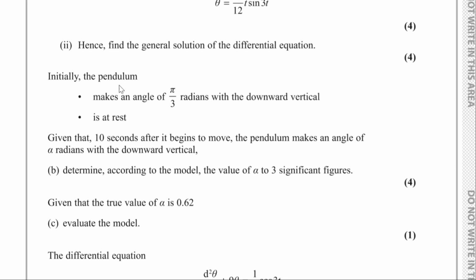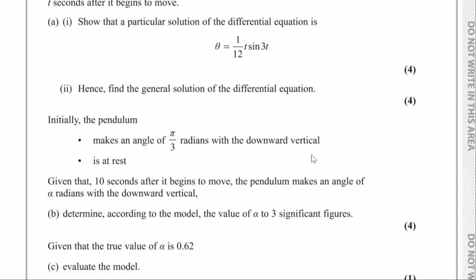Now, initially the pendulum makes an angle of pi over 3 radians with the downward vertical and is at rest. Given that 10 seconds after it begins to move, the pendulum makes an angle of alpha radians with the downward vertical, we have to determine, according to the model, the value of alpha to 3 significant figures.